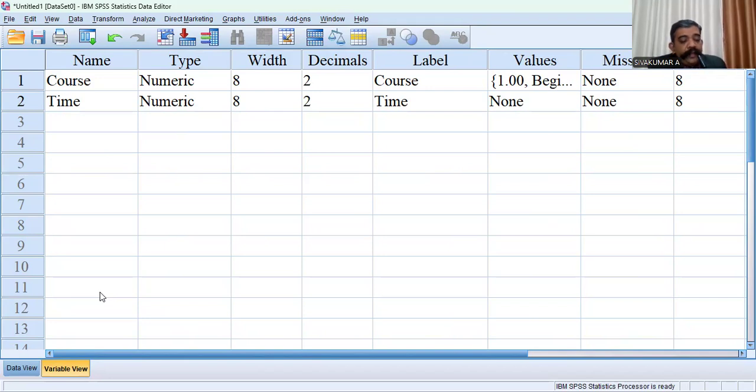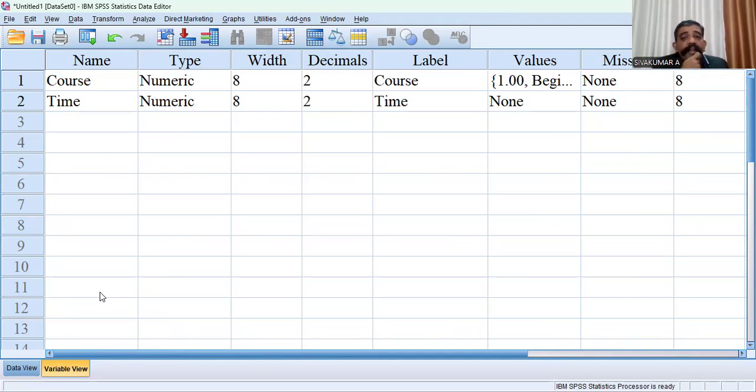Let me read again: there is no statistically significant difference among the group means being compared. Okay. Then the alternative hypothesis: there is a statistically significant difference among the group means being compared.